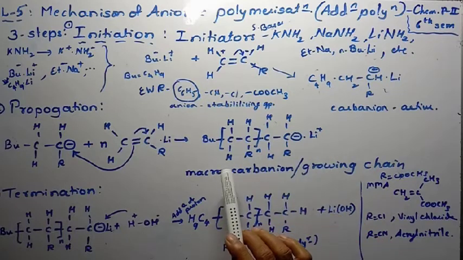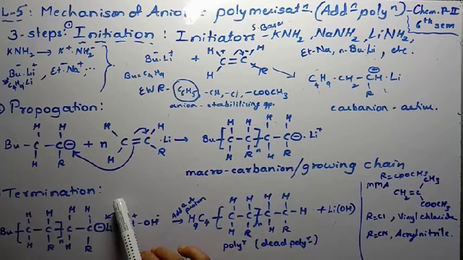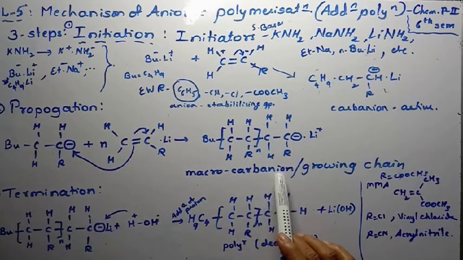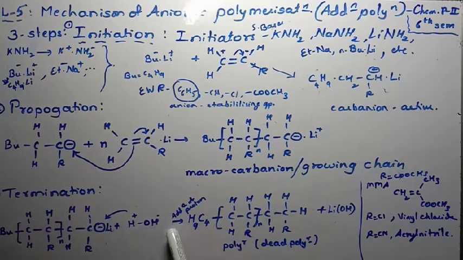Okay, so now in the termination step, the macrocarbanion is neutralized by adding proper reagents. Usually addition of a proton is done, so water, alcohol, etc. are added, where the H plus proton reacts with the macrocarbanion and gives the saturated molecule with the formation of lithium hydroxide.